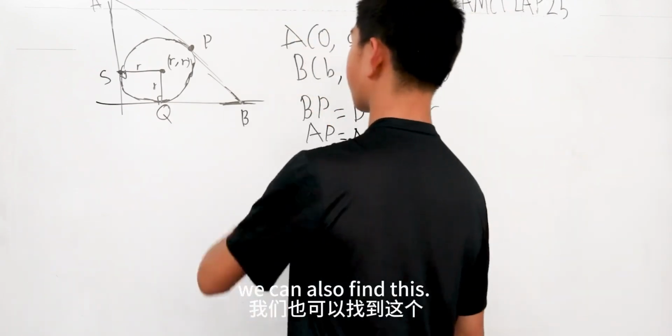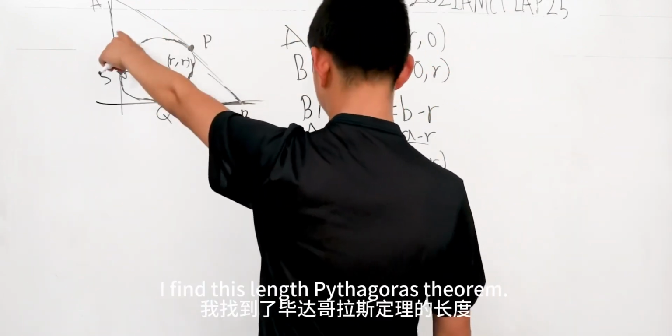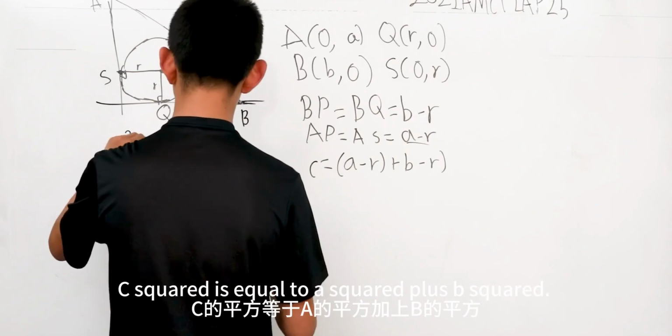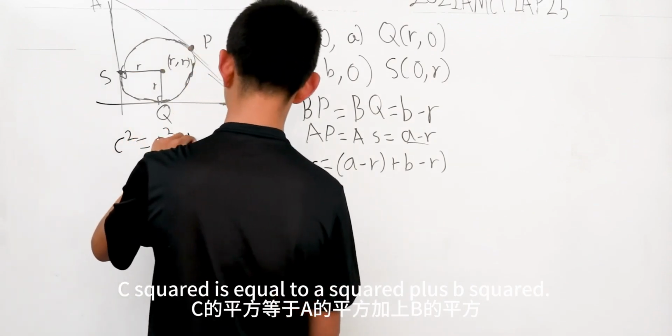Now, we can also find this length by the Pythagorean theorem. c squared is equal to a squared plus b squared.